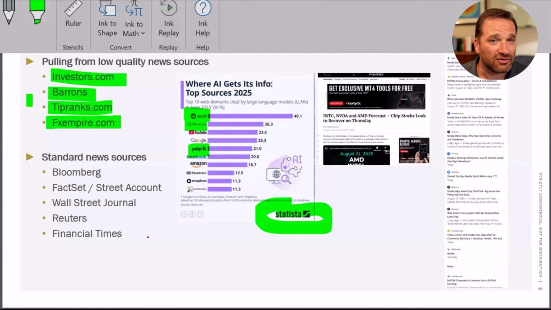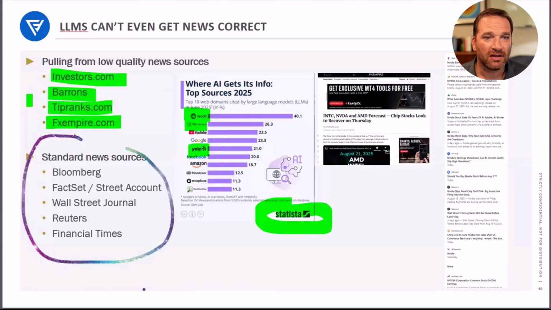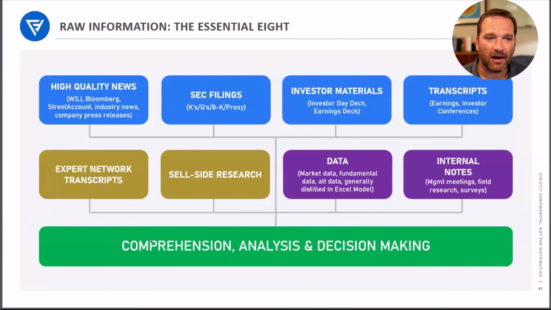These aren't news sources that we would typically consider institutional grade. The standard news sources, like Bloomberg, FactSet, Street Account, Wall Street Journal, Reuters, Financial Times, continue to be behind a paywall. They're not searchable. And so if LLMs can't even get news correct when it comes to generating real-time outputs, I would personally be a bit skeptical.